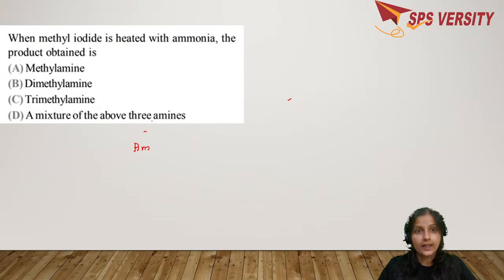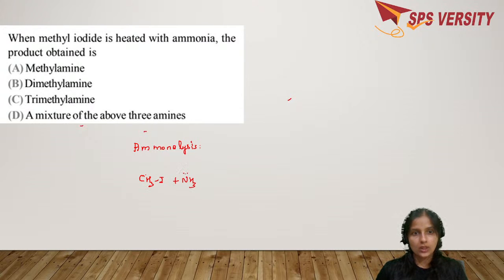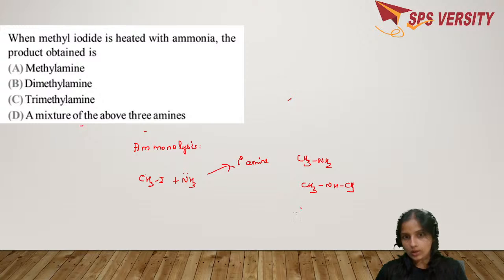So when methyl iodide is heated with ammonia, this particular reaction is called ammonolysis or Hoffmann ammonolysis, where methyl iodide, CH3I, is treated with ammonia. When you treat it with ammonia, you can get the primary amine with CH3NH2 as the formula. You can get CH3NHCH3 as one more product, or you can also get N(CH3)3.